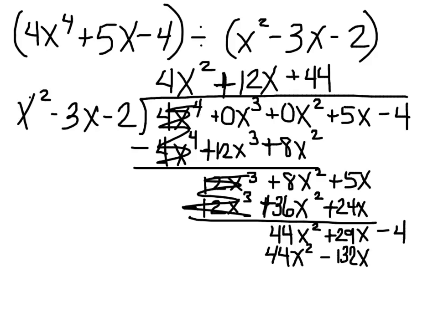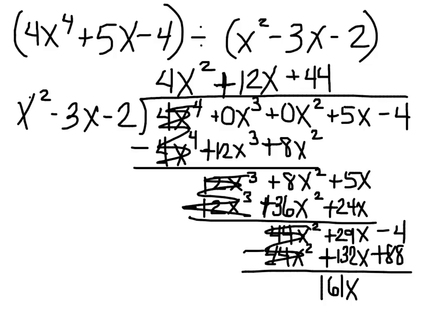What is 44 times negative 2? Negative 88. Draw your line, switch your signs, add straight down. What happens with the 44x squareds? They cancel. What's 29x plus 132x? 161x. What's 88 minus 4?